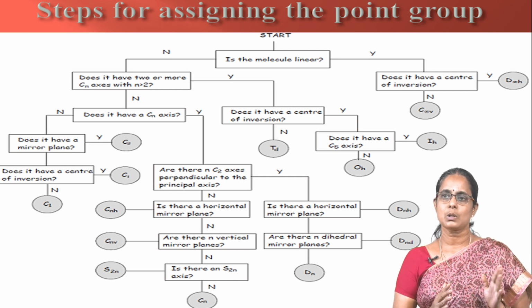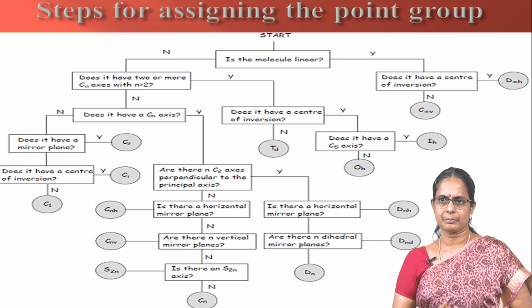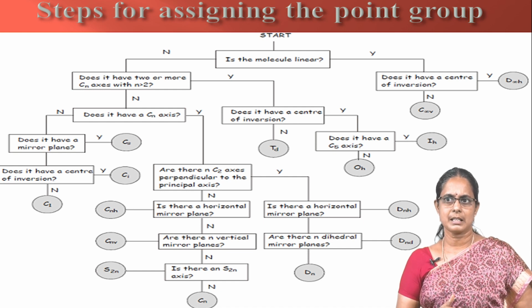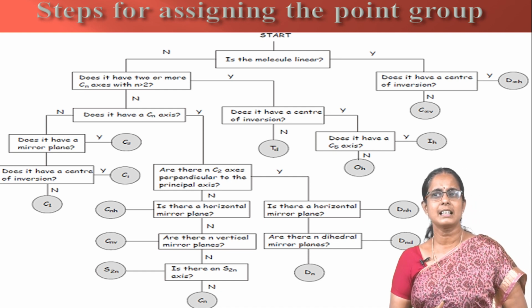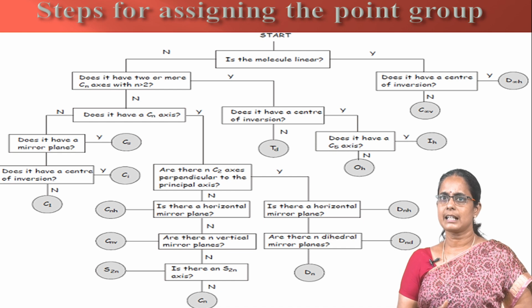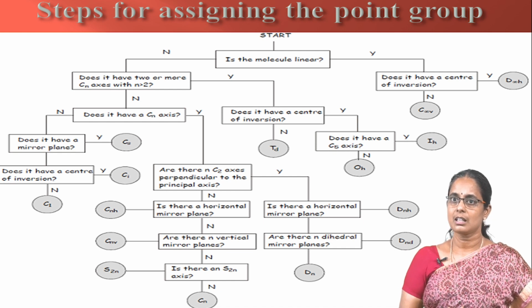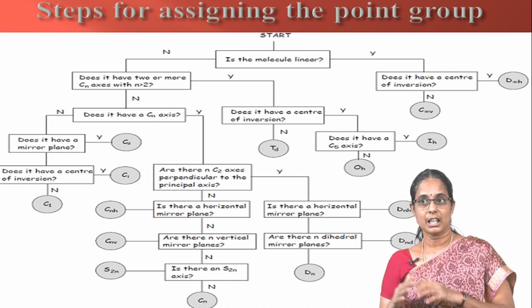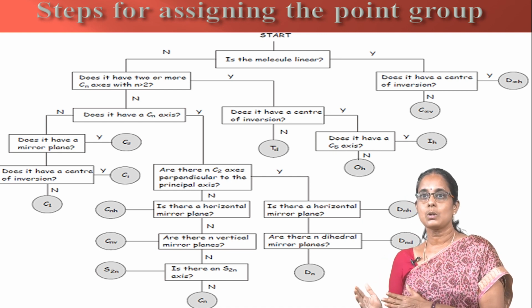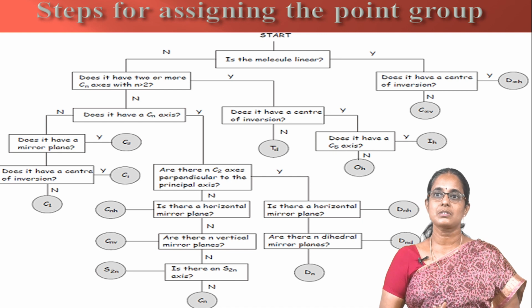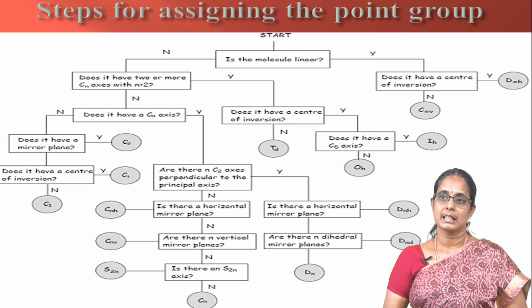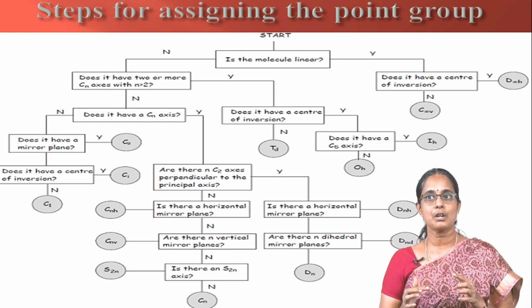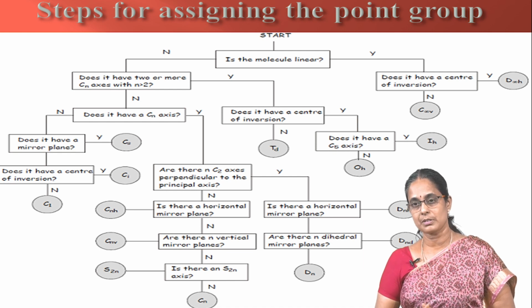Determine whether the molecule has a vertical mirror plane containing the principal axis; then the molecule is in either the Cnv or Dnd set of point groups. If not, and the molecule has n perpendicular C2 axes, then it is part of the Dn set of point groups.